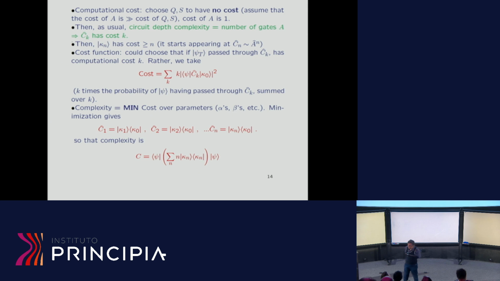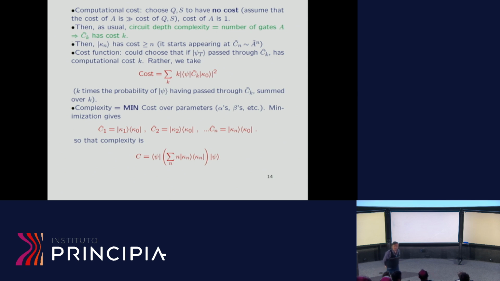And with our choice of the object Cn, which contains up to a to the n, we could have chosen the computational cost of Ck to be k, but rather we'll take this slightly different cost, which is k times the probability of psi having passed through Ck, summed over k, of course.